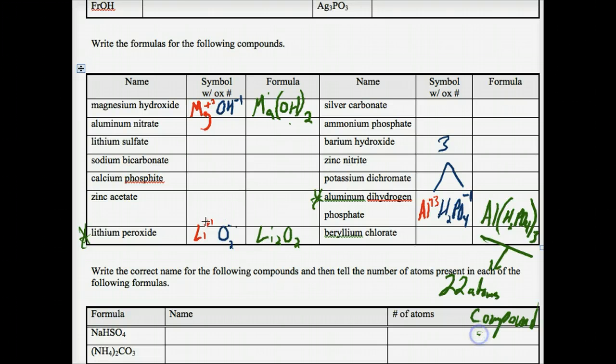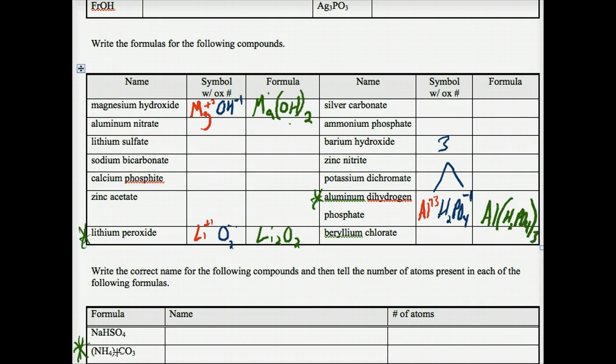Before I switch gears to something just a tad harder, though it doesn't really get much harder, I'm going to do this name down here, and I'm picking this one on purpose, because it's one of the stranger compounds we can have. (NH4)2CO3.